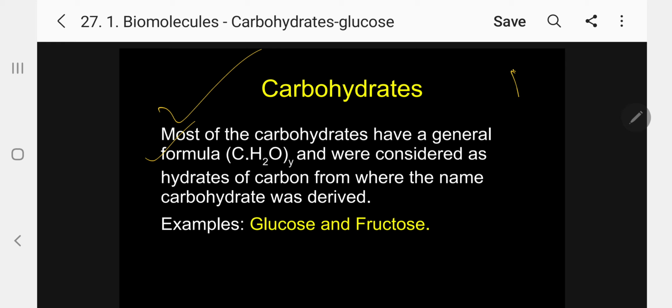And they were considered as hydrates of carbon, from where the name carbohydrates was derived. Carbohydrate, hydrates of carbon. Please follow. Specific examples: we are concentrating on glucose and fructose in the case of monosaccharides, I will discuss later, and also sucrose and polysaccharides.